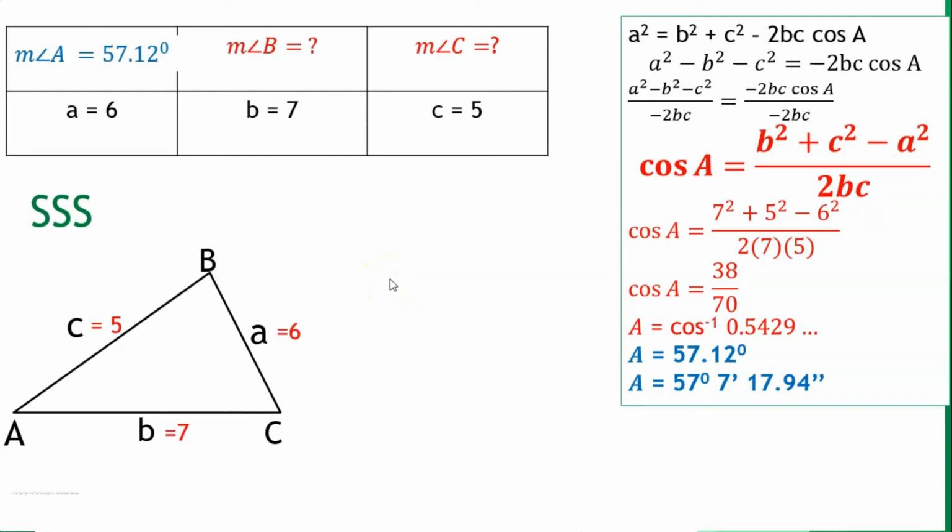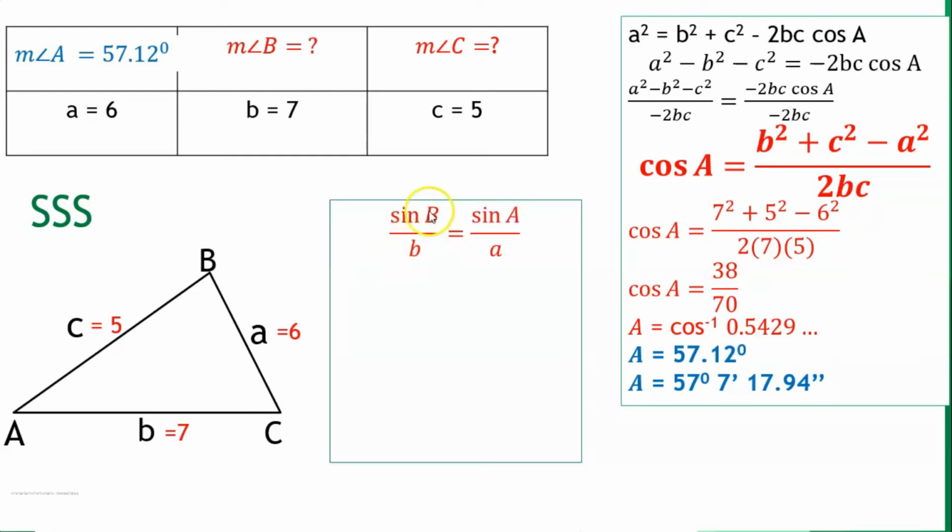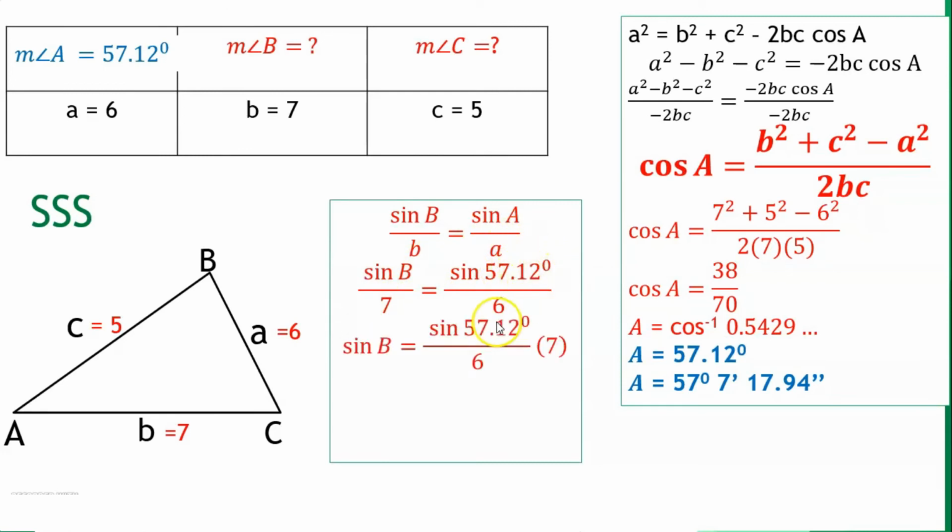Okay, next, to solve for angle B, we can make use of the law of sines: sine B over b is equal to sine A over a. Substituting, our b is 7, our angle A is 57.12 degrees, and our a is 6. Cross multiply, we will get this. Solving for arc sine, angle B is 78.46 degrees.